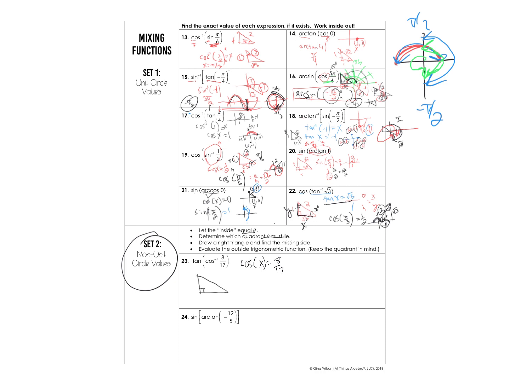So without the calculator, let's see. Cosine of what is 8? So adjacent would be 8. Hypotenuse would be 17. I would have to find that side. Why do I need that side? Because I need the tangent of the answer.